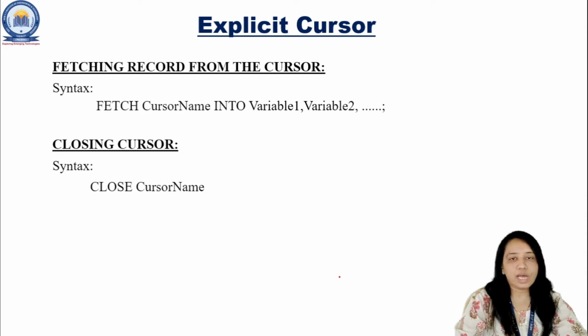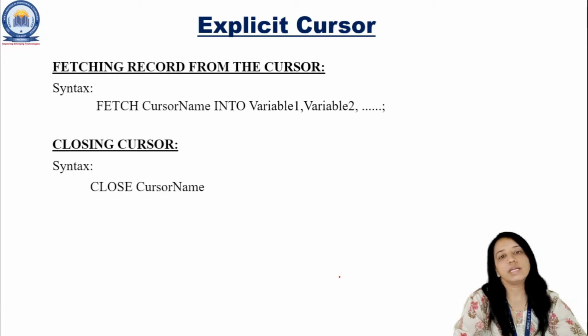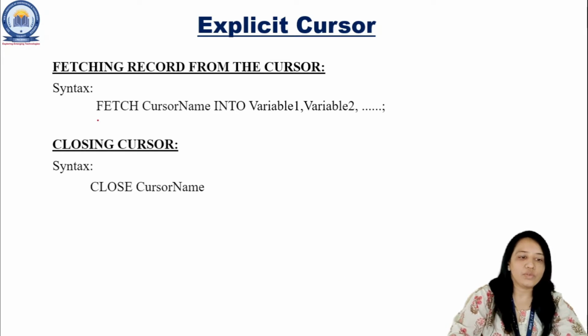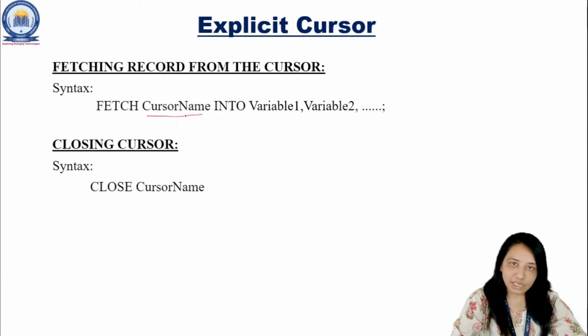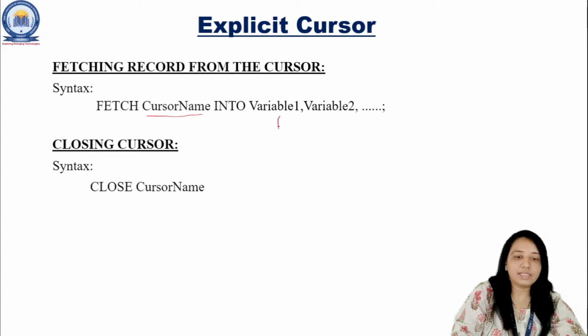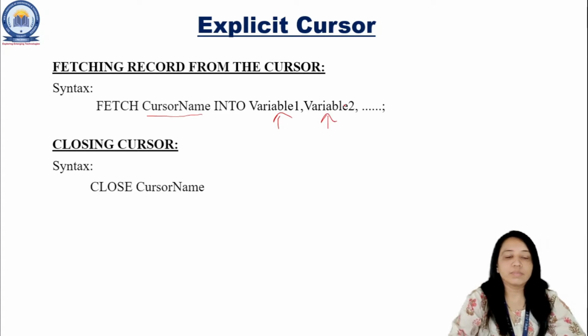Next is how to fetch the data. If you want to process the data, it is taken out into local variables. The syntax is FETCH cursor_name INTO variables. If the cursor's select statement has two or three attributes, you write that many variables after INTO, and the data is copied into them.